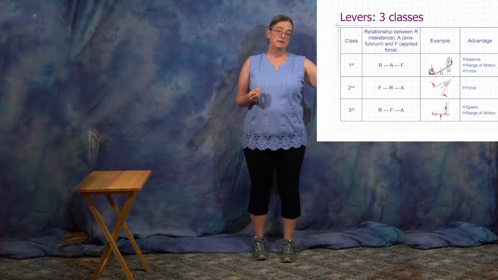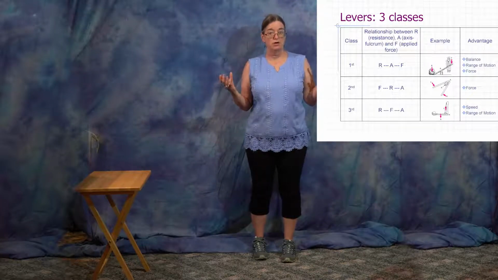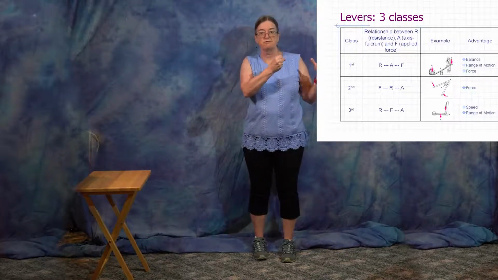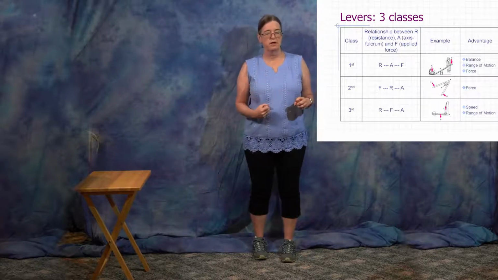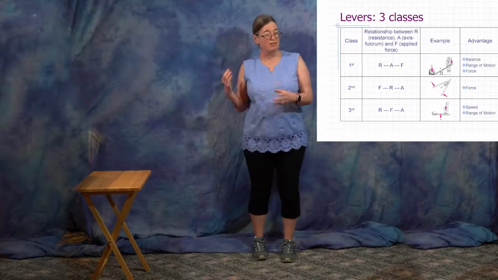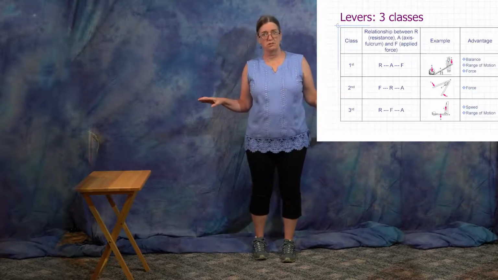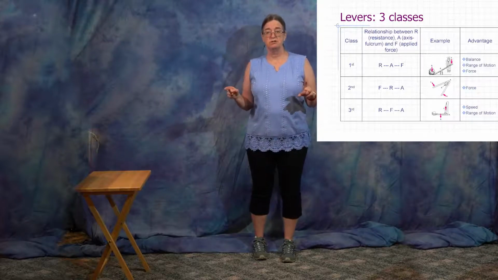So in the second class lever, you have great advantages in terms of force. You do not have to exert as much force as you are going to be applying onto the load. Whereas in the third class lever, it's the opposite. You have no advantages in terms of force, but what you do have advantages of is speed and range of motion.